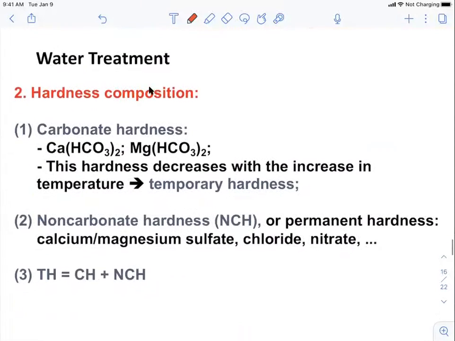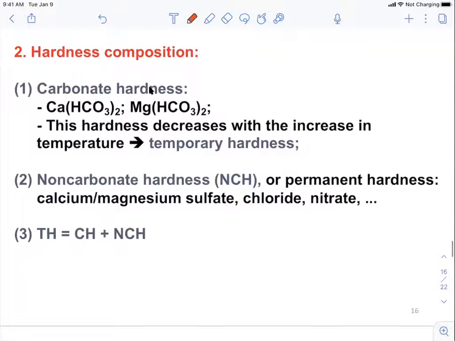Further within the hardness, people divide them into the carbonate hardness. Basically the carbonate hardness is a species that contains carbonate species. So calcium bicarbonate or magnesium bicarbonate are categorized as the carbonate hardness, okay? There can also be some non-carbonate hardness, okay?